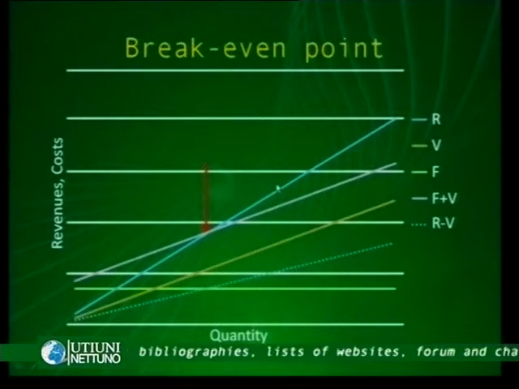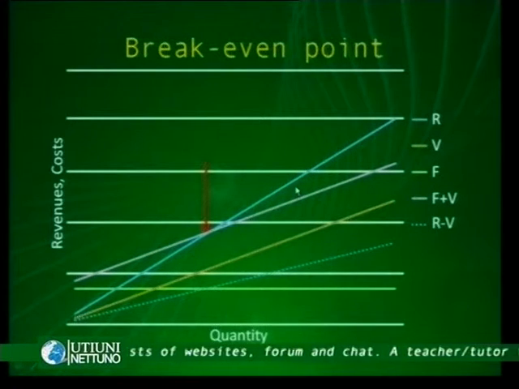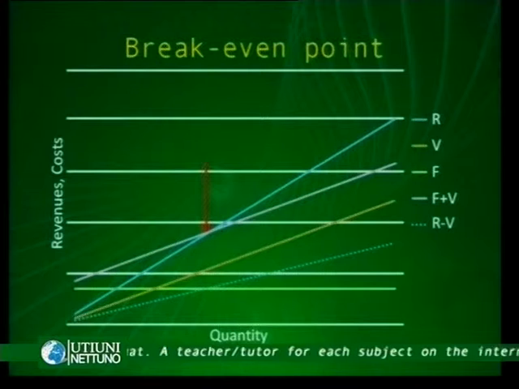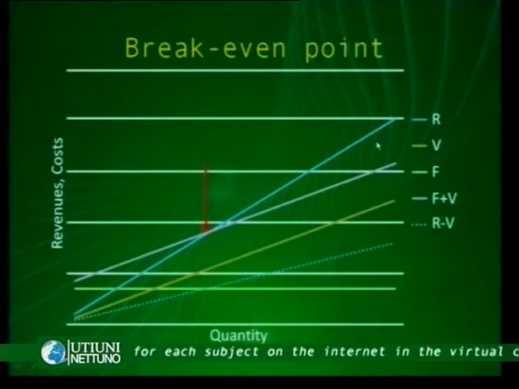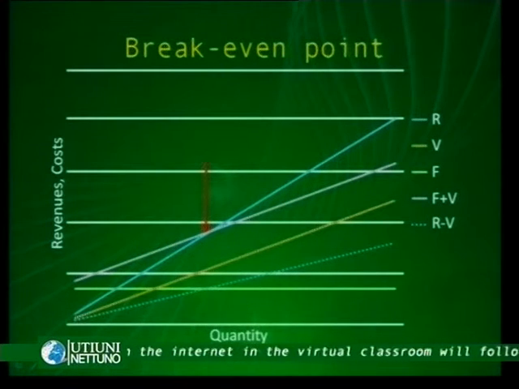So the blue line that is here is the line of the revenues. This line is clearly obtained by multiplying the per unit sales price times the quantities that are sold. So as you can see, the revenues increase proportionally with the quantity that I read here on the x-axis.